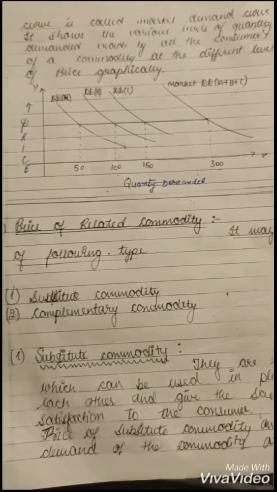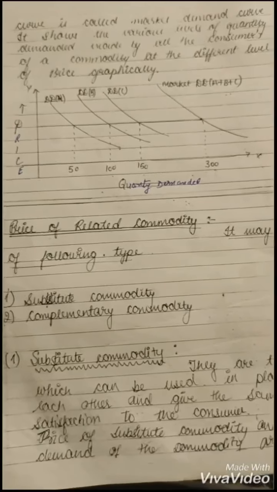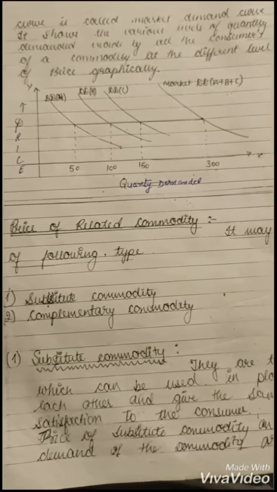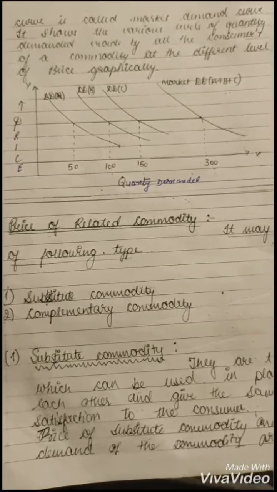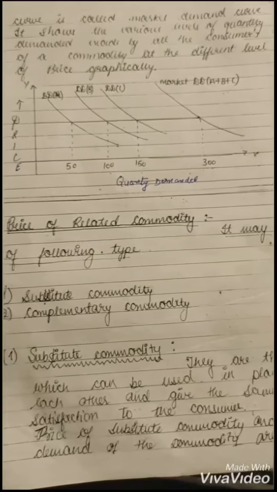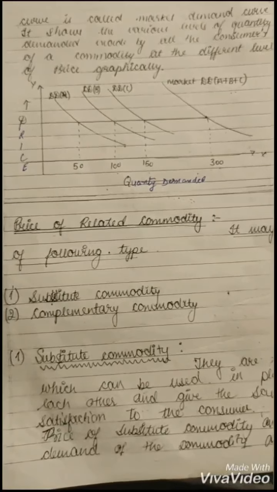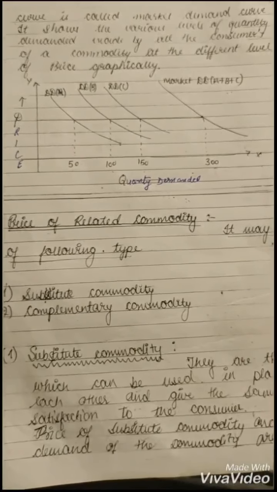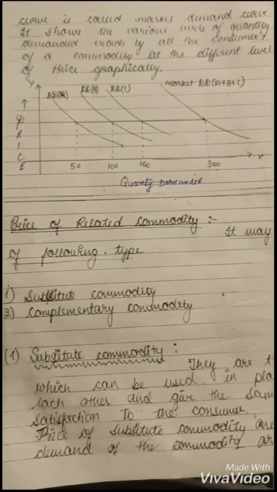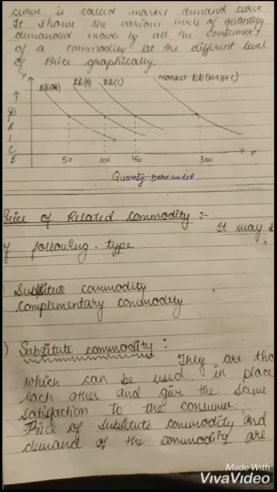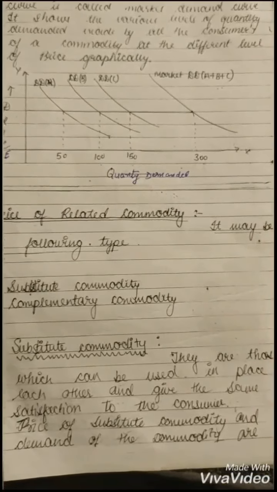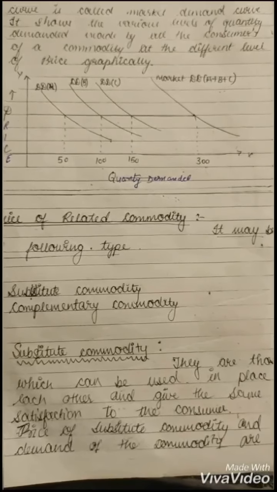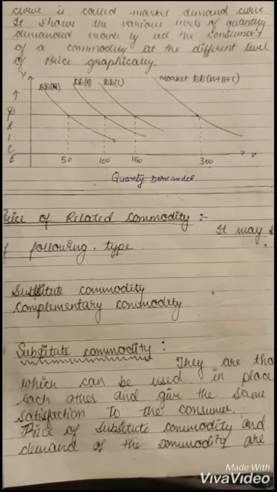On x-axis, quantity demanded is plotted, and on y-axis, price of the commodity is plotted. At one particular price, consumer A demands 50 units of the commodity. Consumer B demands 100 units of the commodity, and consumer C demands 150 units of the commodity, and the market demand is 300 units.